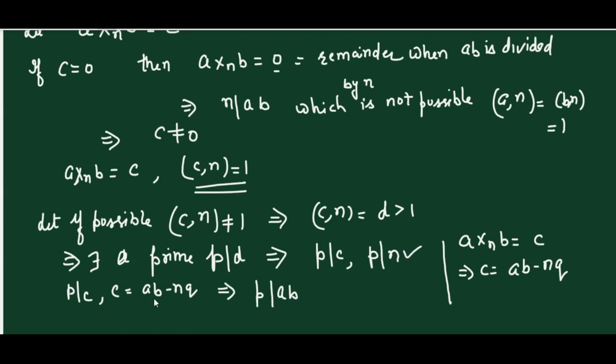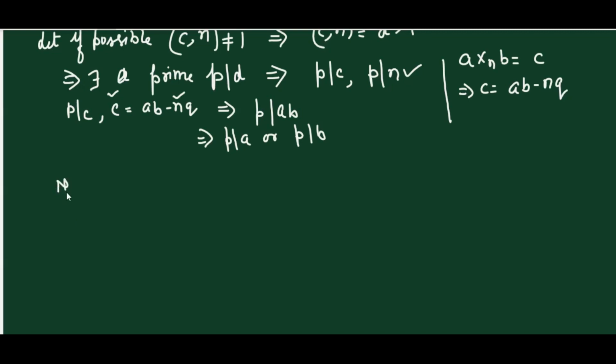Now p is dividing c, c is equal to AB minus nq, and p is dividing n. Therefore p divides AB. But p is a prime, mind it. Therefore either p divides a or p divides b.